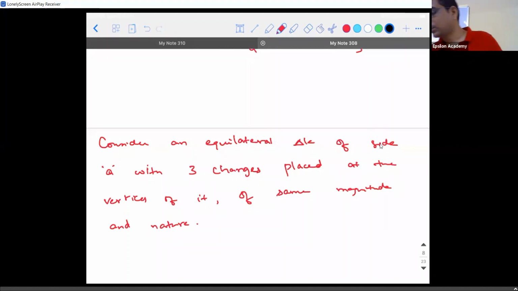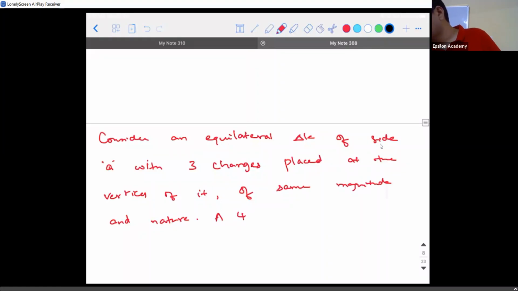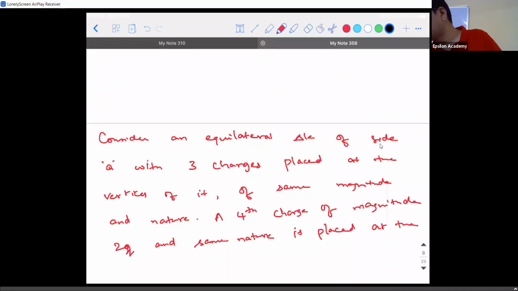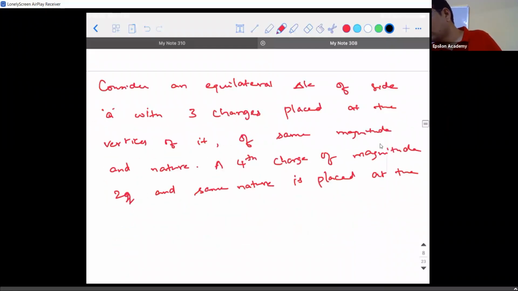So a fourth charge of magnitude 2q and the same nature is placed at the centroid of the triangle.